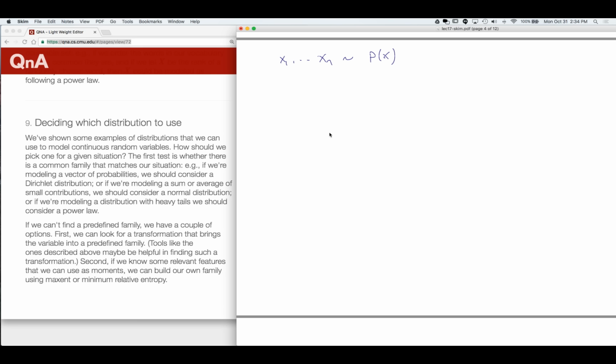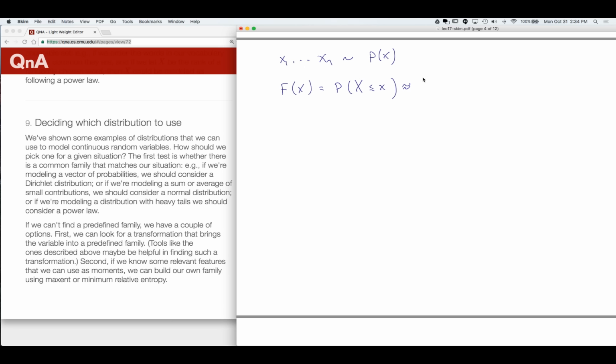But one thing that we can do is we can estimate the CDF from the sample, right? So the CDF, F of x, is equal to the probability that our random variable is less than or equal to x, right? And we can estimate that, that's approximately equal to the fraction of the sample that's less than x, right?